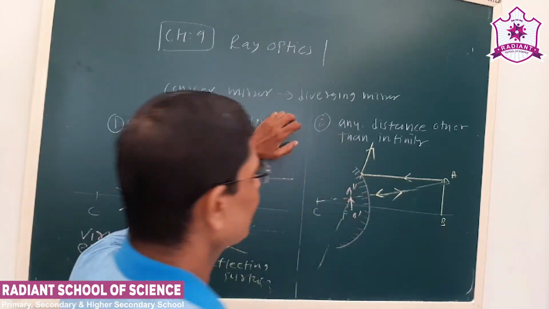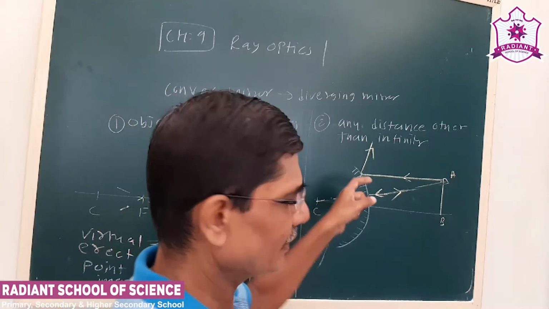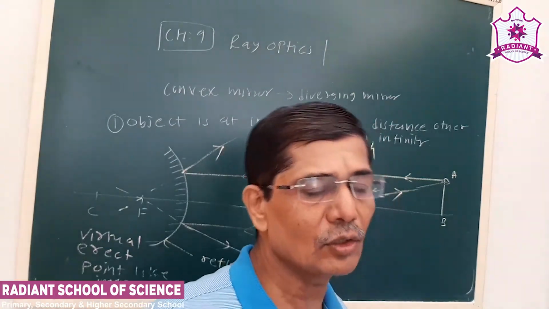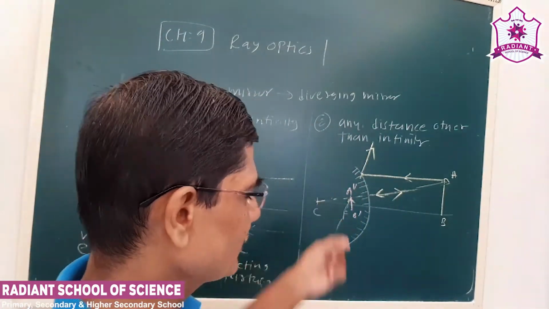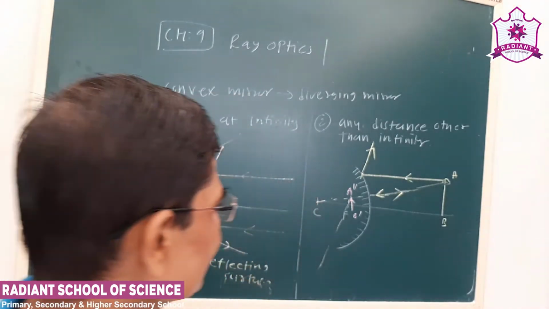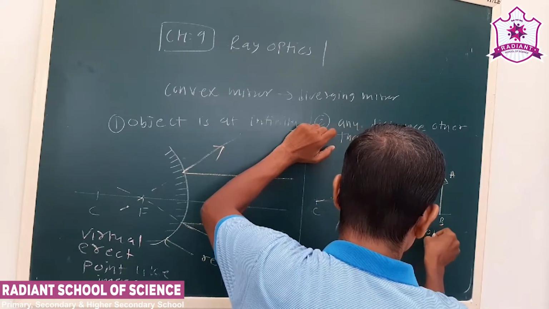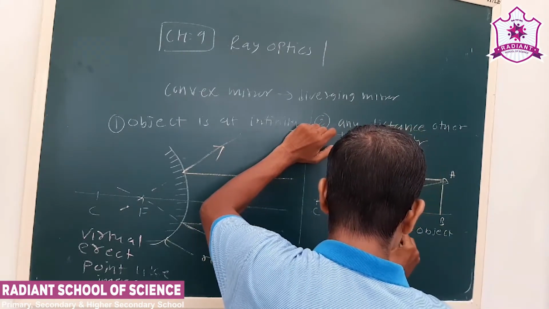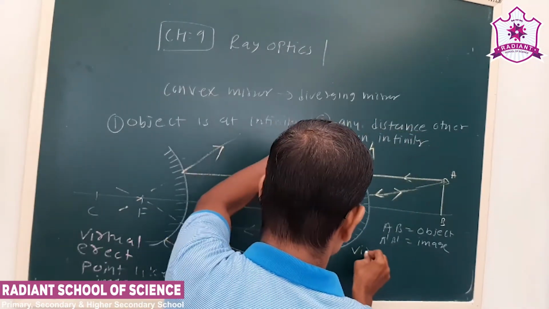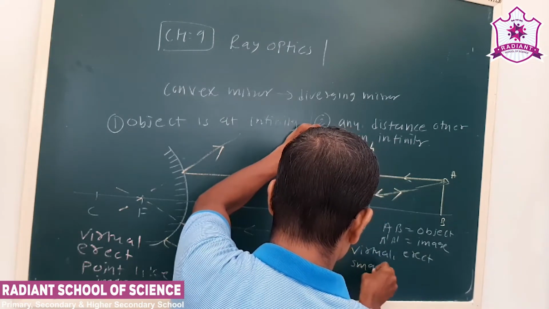That is A dash B dash, that is the image formed. Actually the rays were not meeting, but we produced them back, so we can imagine that the image is formed here. So A dash B dash is the image. AB is the object, A dash B dash is the image. See, the image is virtual, erect and smaller than the object.